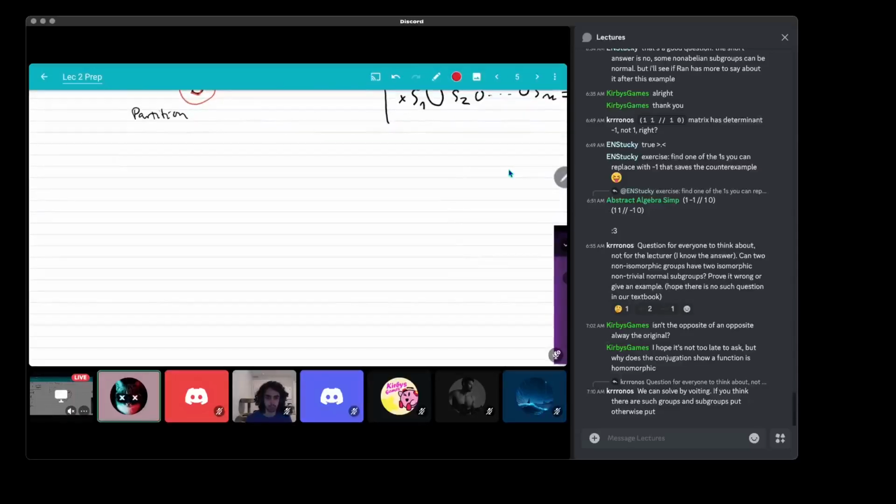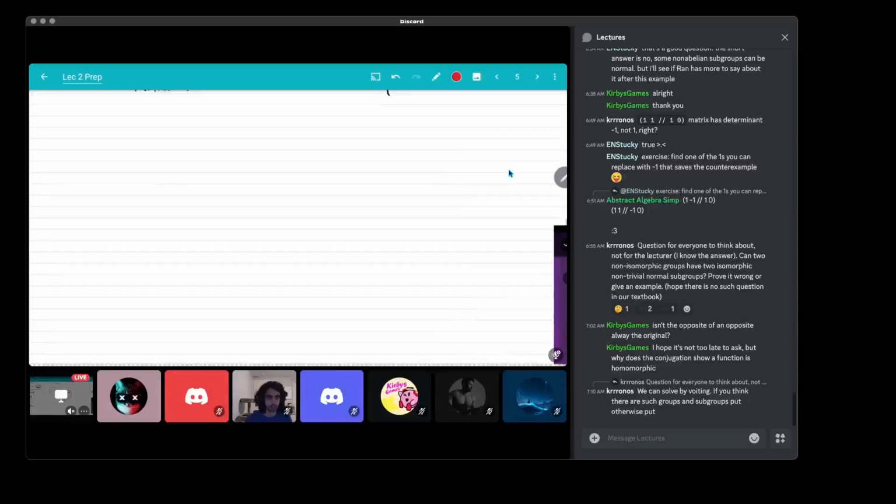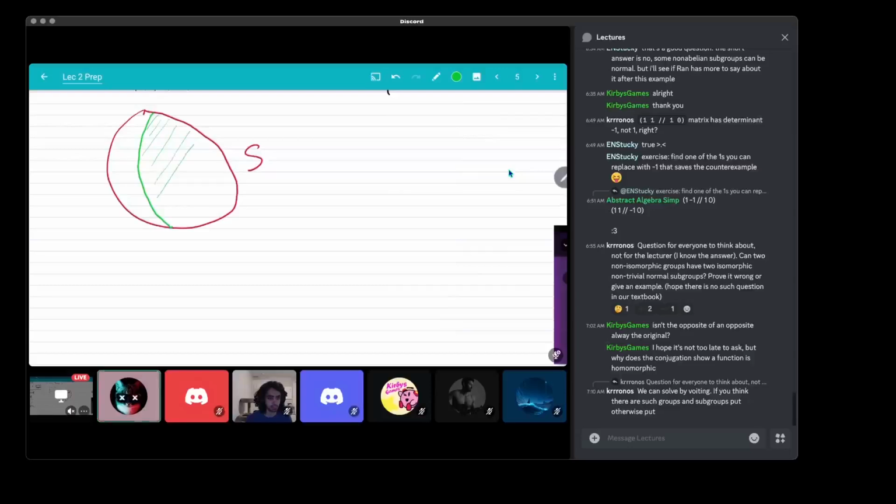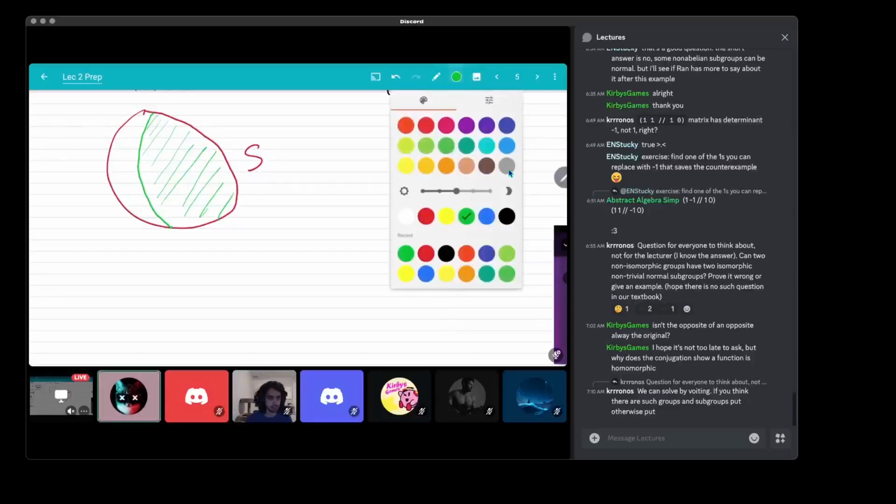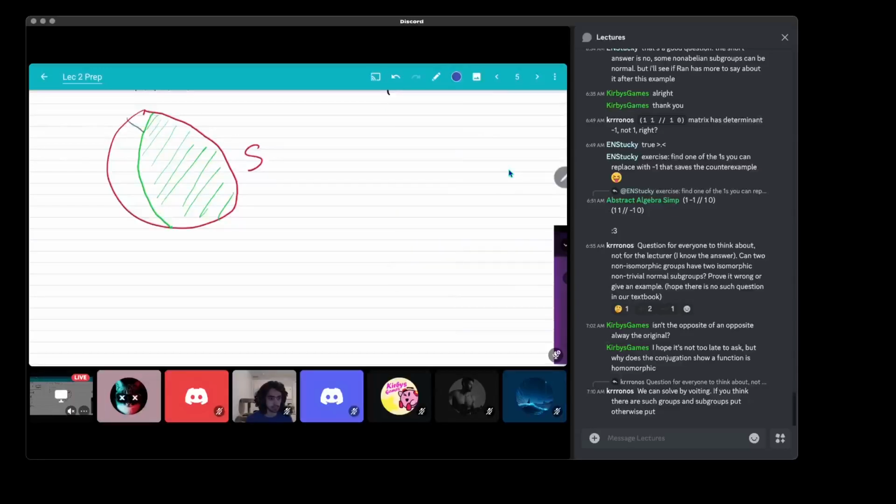It's better to show it in counterexamples sometimes. For example, if I take this set, I'm gonna do the following subdivision. First subset shaded in green, and second in blue. So this does not work.